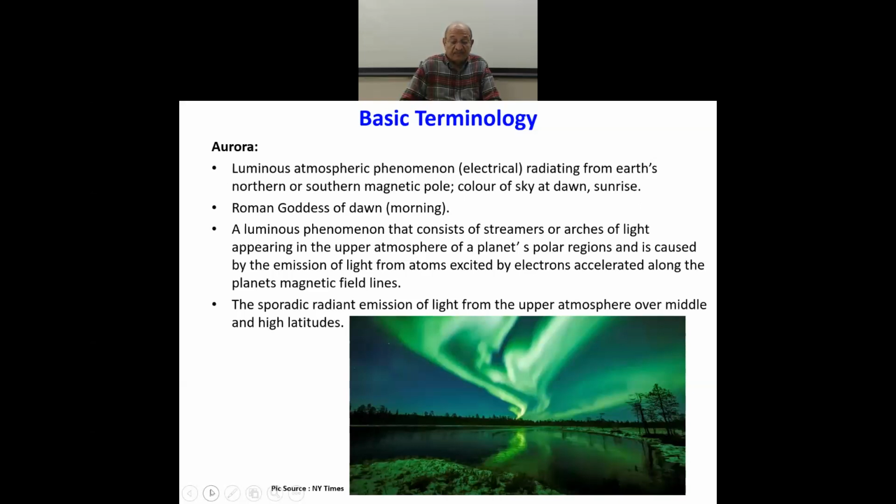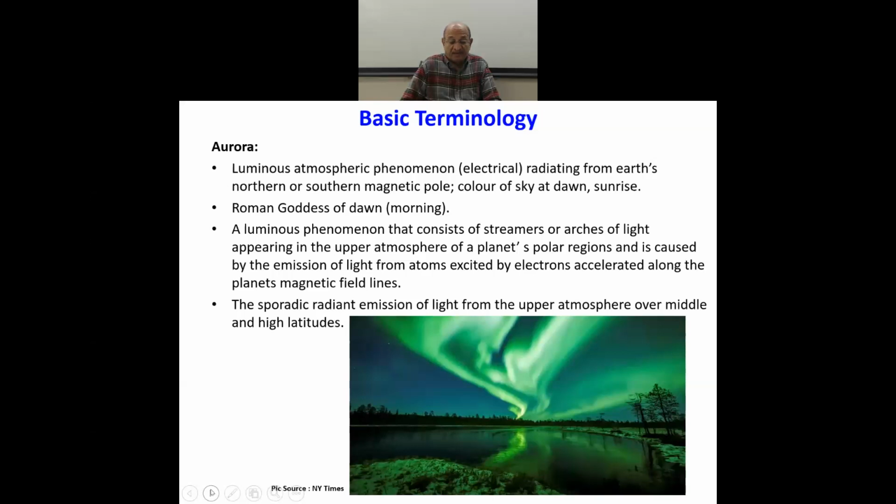In Roman, the goddess of dawn, or dawn is the morning, also known as Aurora, a luminous phenomenon that consists of streamers or arches of light appearing in the upper atmosphere of a planet, in the polar regions, and is caused by the emission of light from atoms excited by electrons accelerated along the planet's magnetic field lines.